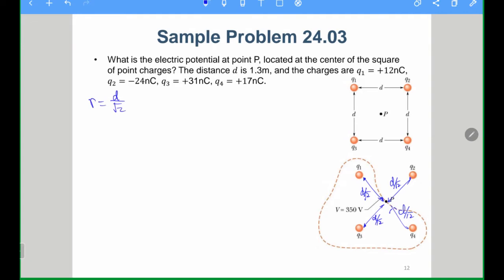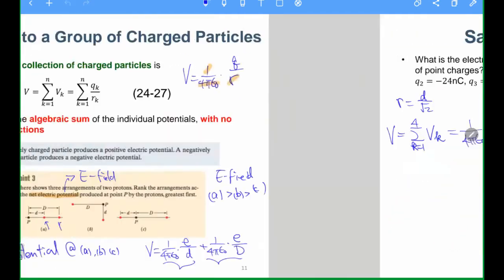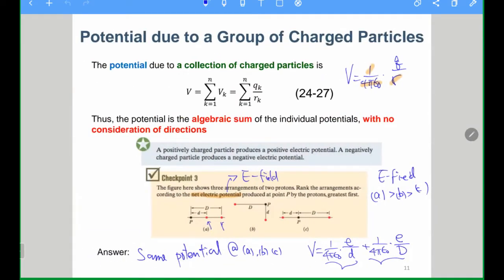And the total potential at point P will be nothing but the summation of V_k, k equals 1 to 4, which is 1 over 4 pi epsilon naught times... Okay, so here we still need to multiply by k, because this is the expression, or you can write it as k times q over r.